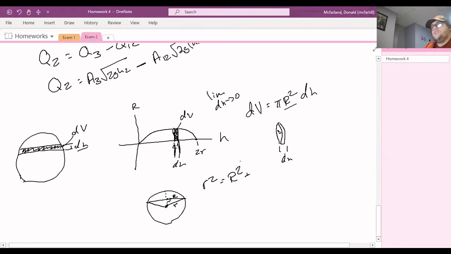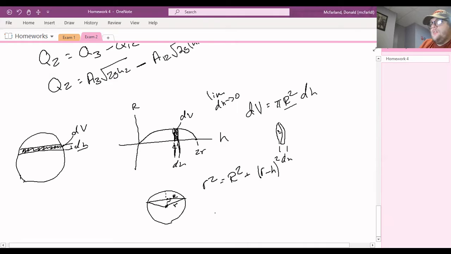So what it's going to be is R minus H squared, because the point here, the R here, is the same as if this was down here. That's why this is squared, because if it does come out negative where H is greater than R, it's still going to be positive.